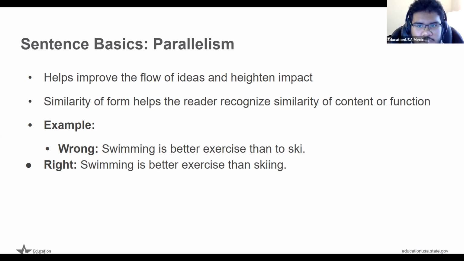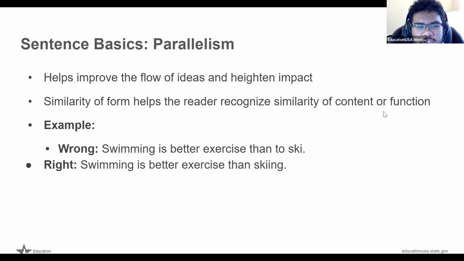Whereas the correct example right below it, "Swimming is better exercise than skiing," flows better because the two actions are structured basically the same. Likewise, this could also be worded using the preposition to.